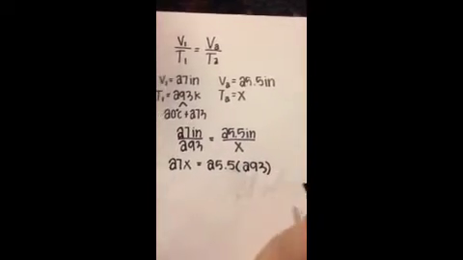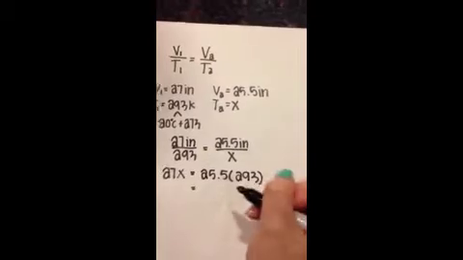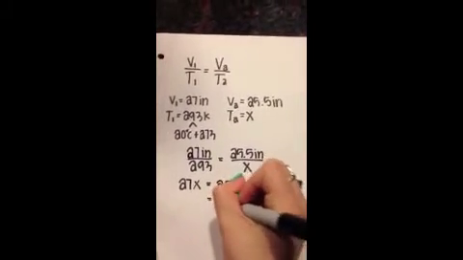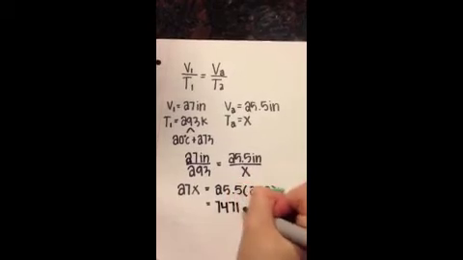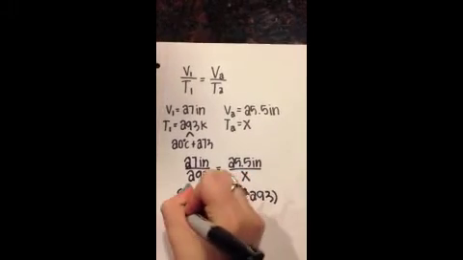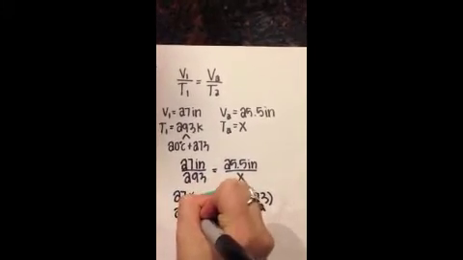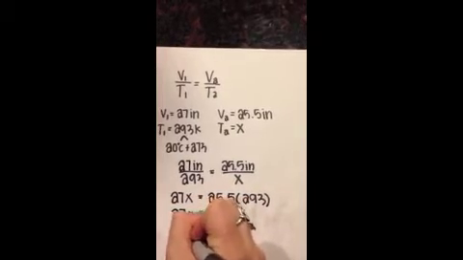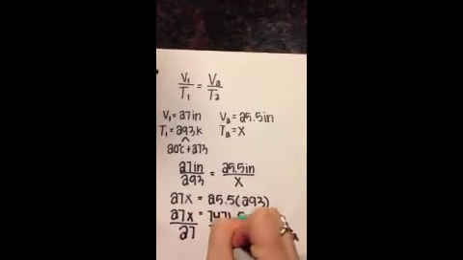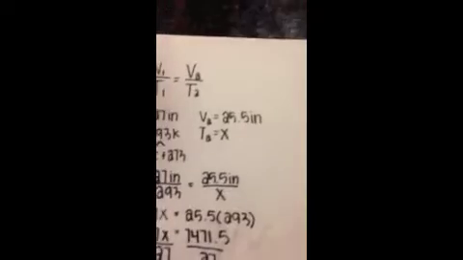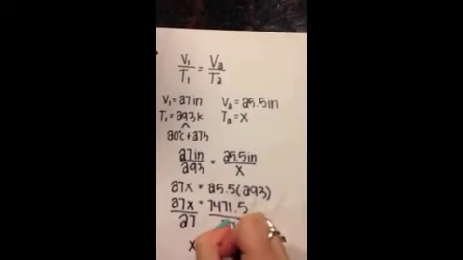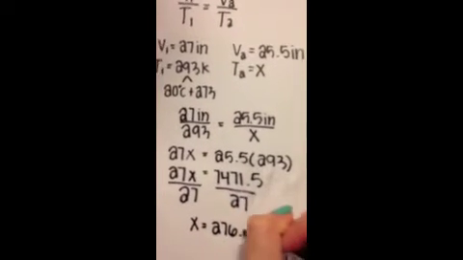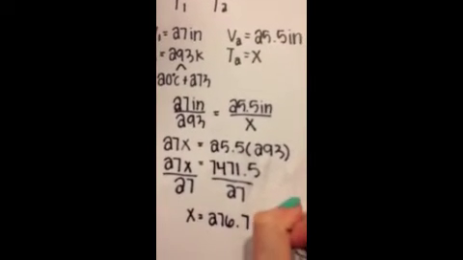Now that we cross-multiplied, we figured out that 25.5 times 293 equals 7,471.5, and it's still 27x, so you divide by 27 to figure out that x equals 276.7 Kelvin.